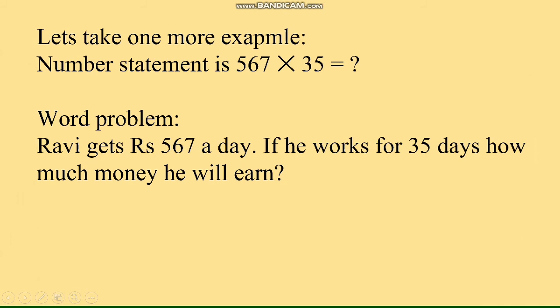So we have specified how much money he gets in one day. Then we have also shown how many days he has been working. So the other value has been given to you, that is 35. So now we can easily find the total money he is going to earn by multiplying 567 into 35. So we will be writing the word problem accordingly.